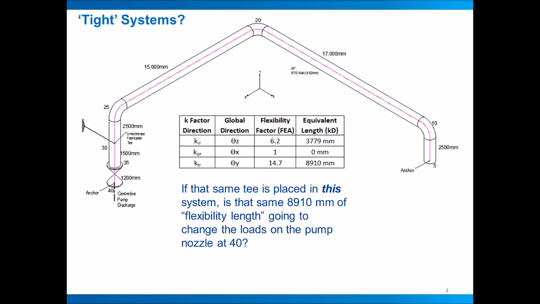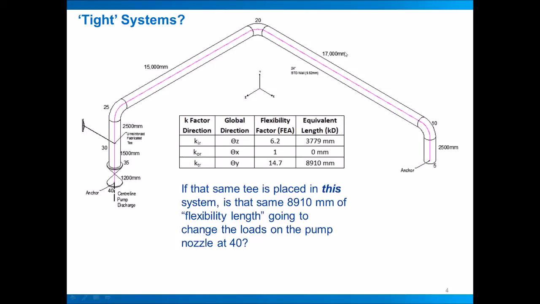But if you were to look at this, it's the same system, we've just increased the length of this pipe run and this pipe run. If you put the same T in this system, is that same 9 meters of flexibility length going to change the loads at the pump nozzle? Well, 9 meters is not as significant as it was before.